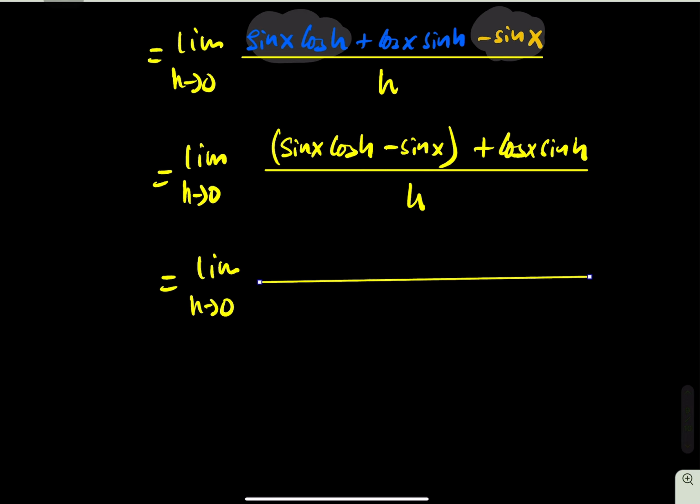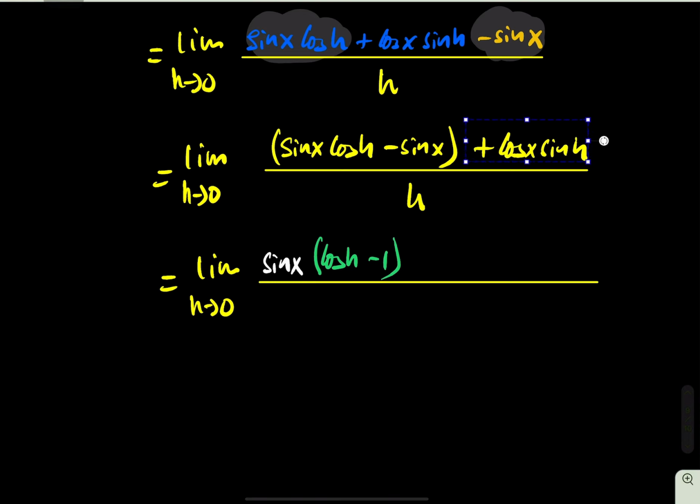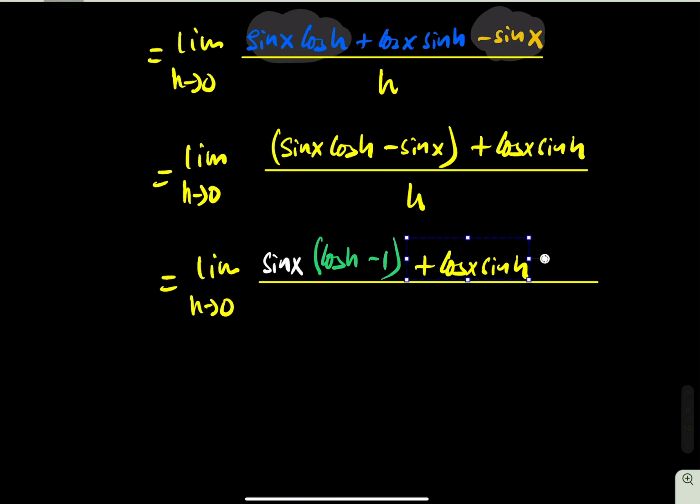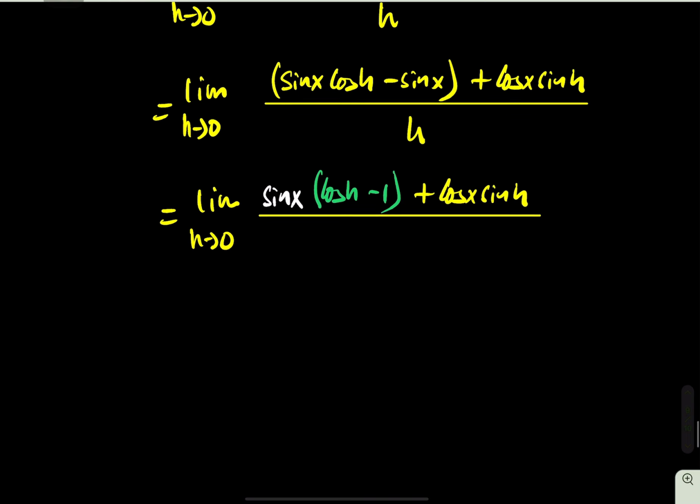Then you can take out your sine x, and you'll be left with cos h minus 1, and then plus this term here, and divide this by h.